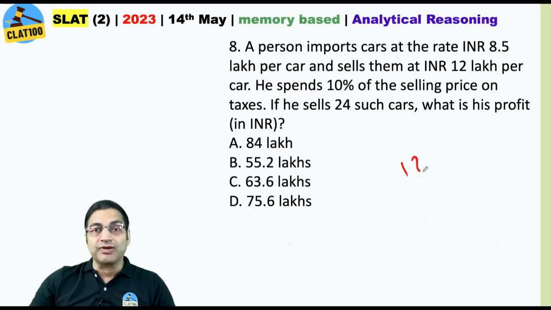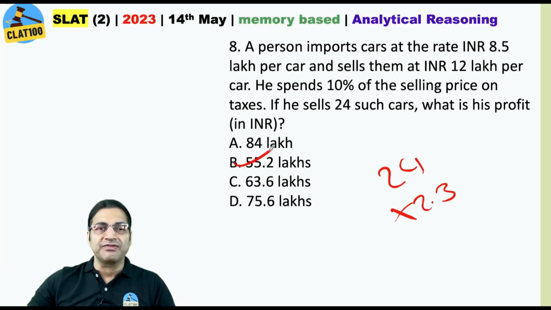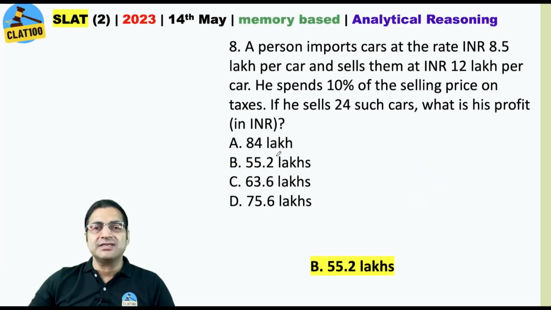But he gets 12 lakhs. Is a profitable business, isn't it? So, 12 minus 9.7, it gives you 2.3. Okay, 2.3 lakhs on just one car. 24 into 2.3 would be how much? 55.2. That's the answer. Easy peasy, right?